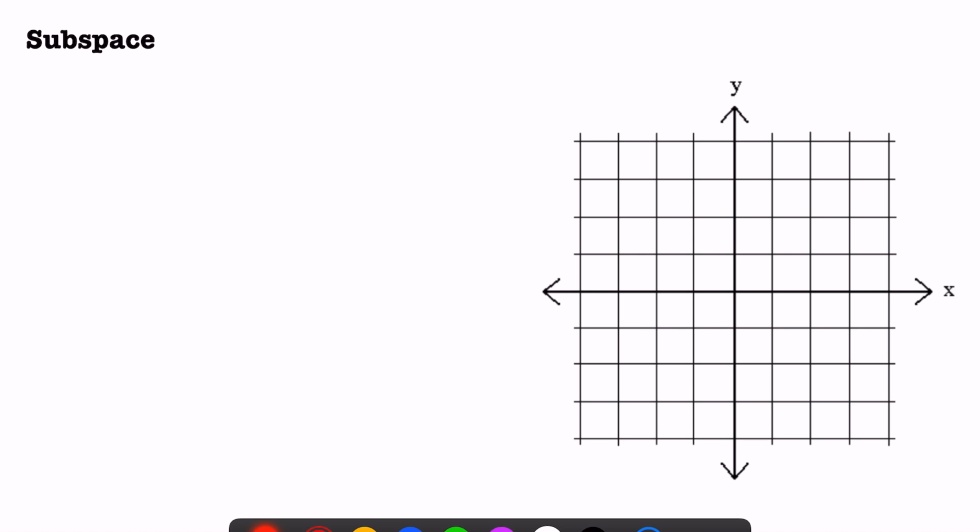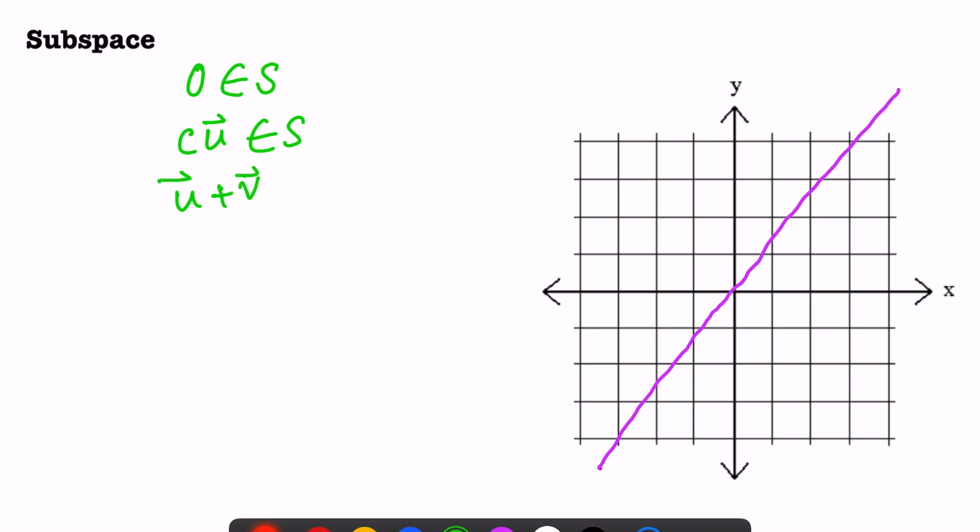Now let's take one line that goes through the origin. The properties we need to check are whether the zero vector belongs to this subset or not, whether it is closed under scalar multiplication, and whether it is closed under vector addition. Of course the zero vector belongs to this subset.